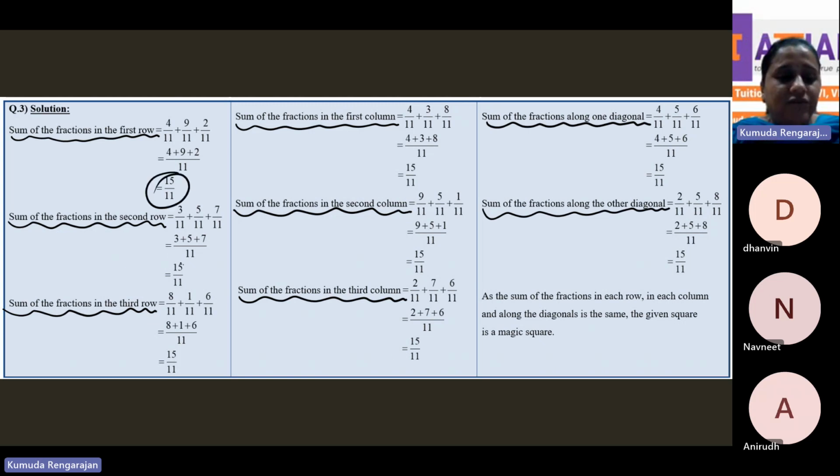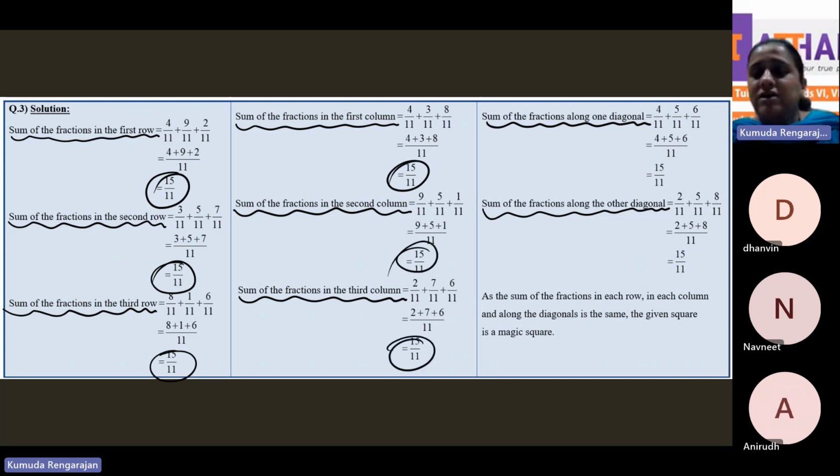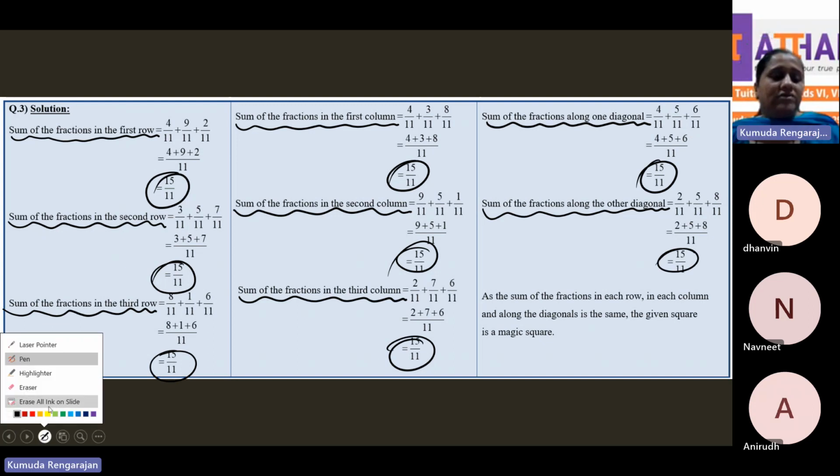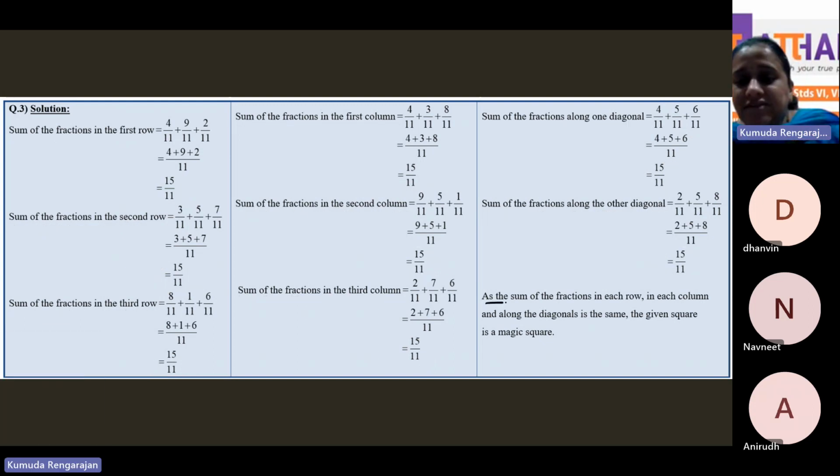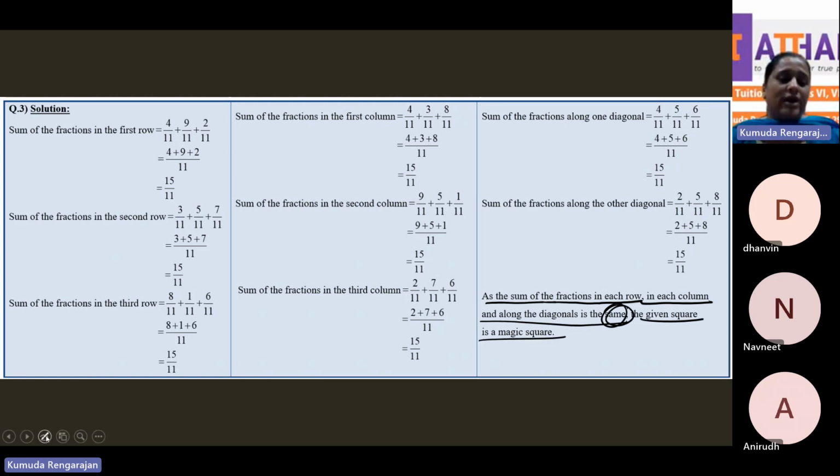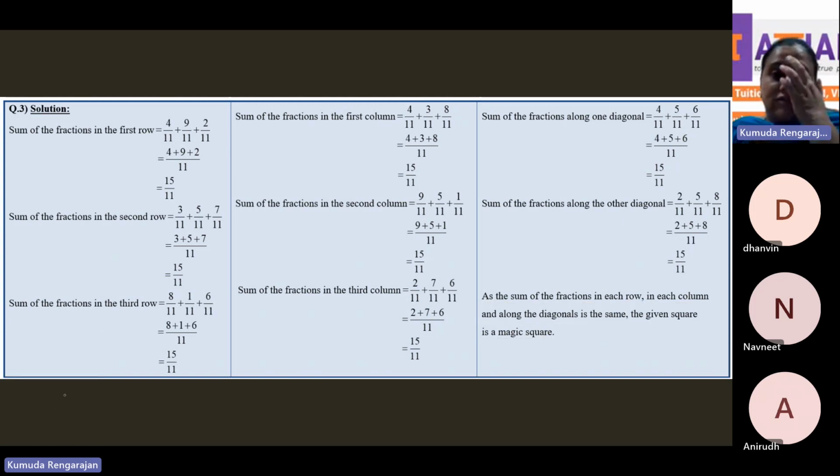Everywhere you see that the answer is 15 by 11, 15 by 11, and so on for all. So what is the conclusion? As the sum of the fractions in each row, in each column, and along the diagonals is the same, the given square is a magic square.